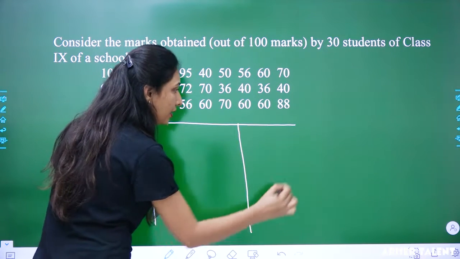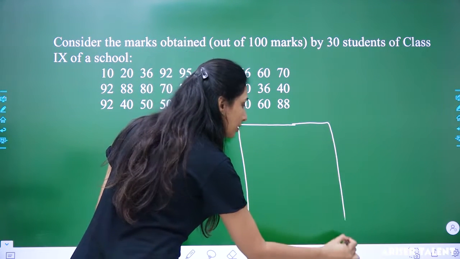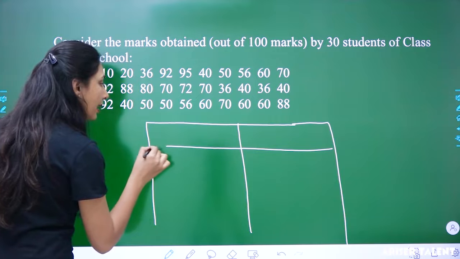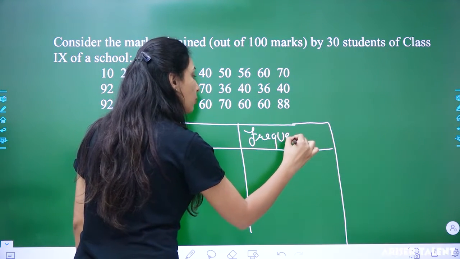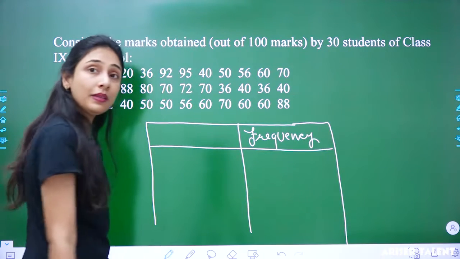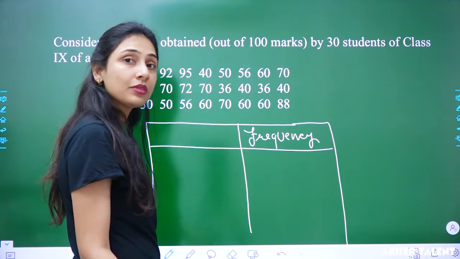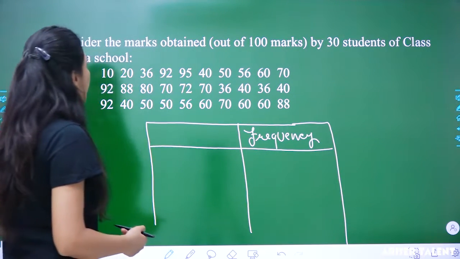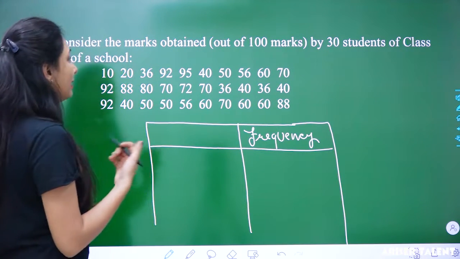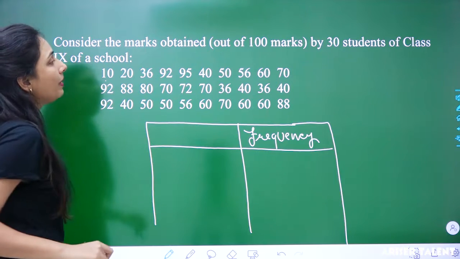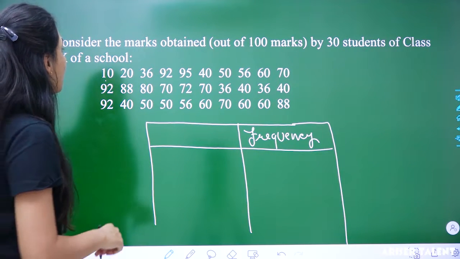What we were having here was frequency. The term I just introduced today is frequency. Now you know frequency, simple. The frequency is how many times. So if we talk about these 30 students, let's start with this 10. How many times does 10 come here?